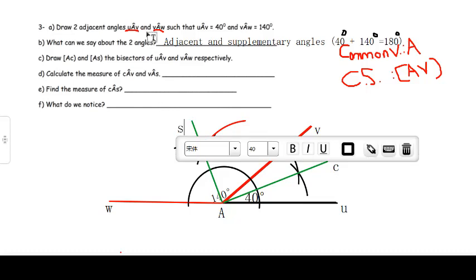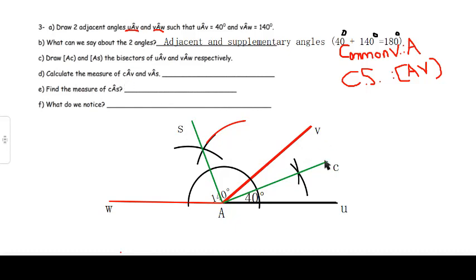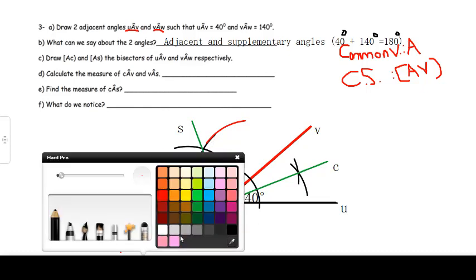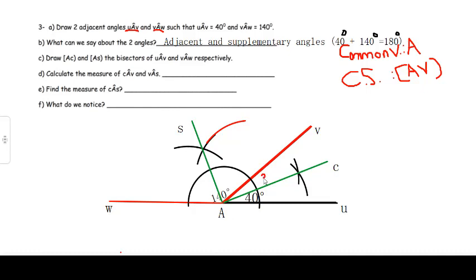Okay, now calculate the measure of angles which are CAV and VAS. This angle, what is the measure of this angle? If I look here, I want to find the measure of this angle and this angle. What is the measure of VAC or CAV? CAV is equal to half of UAV, which is equal to 40 divided by 2 equal to 20 degrees.